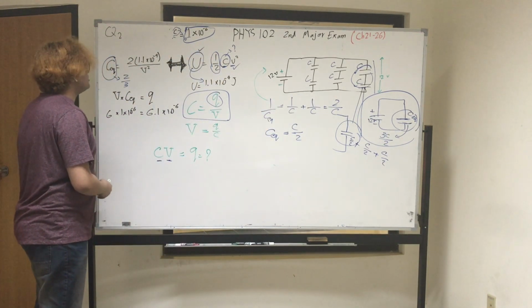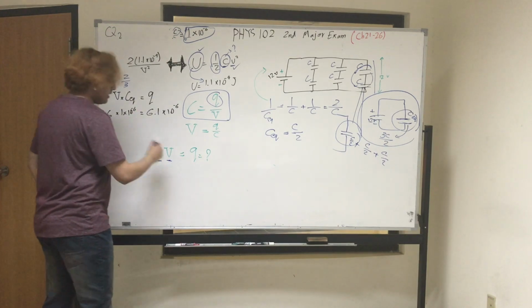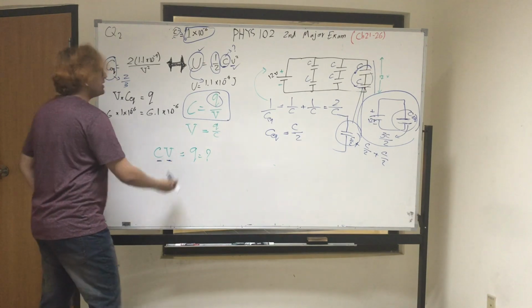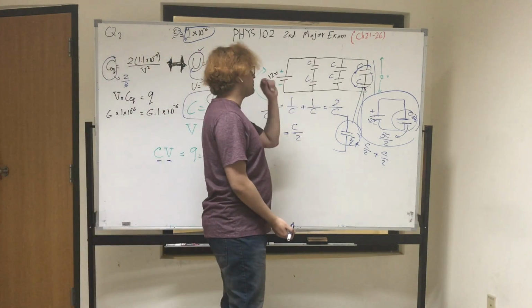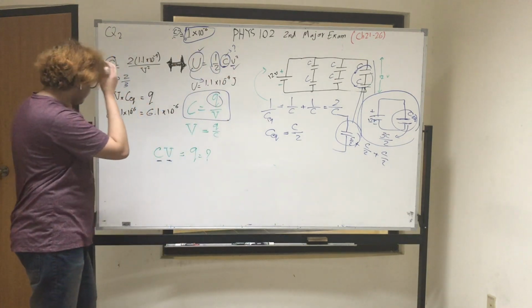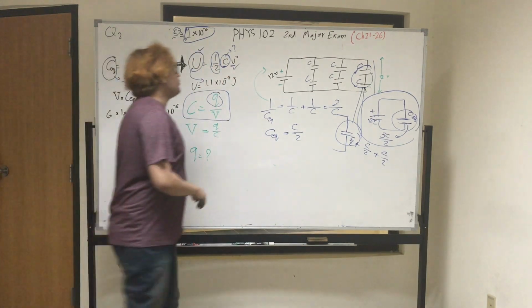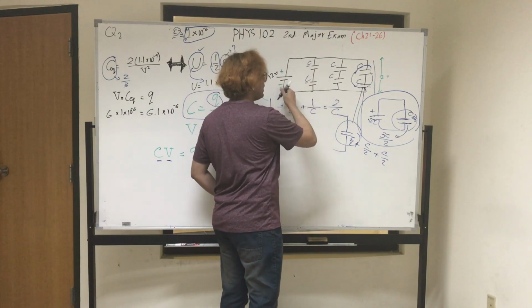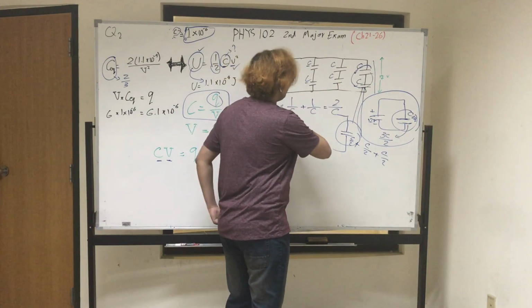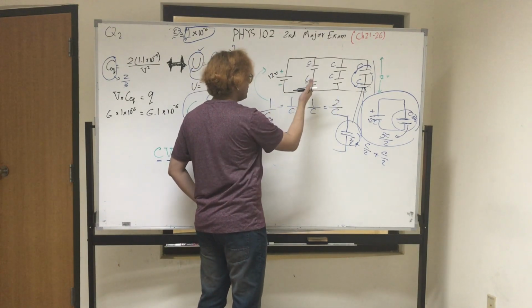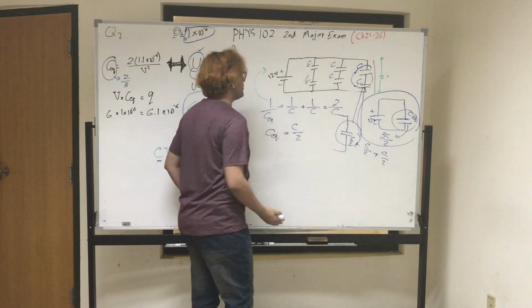Okay, so once we know the capacitance, all we need to do is basically multiply the capacitance by the voltage, and we'll be getting the charge on each of these capacitors. Since we know that this C is equal to this C, and all of these C's are equal, and we know that the voltage across these two equal capacitors is 12.